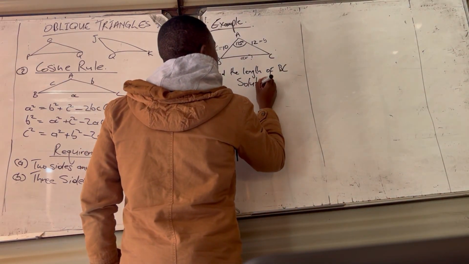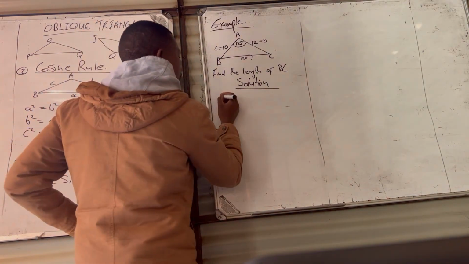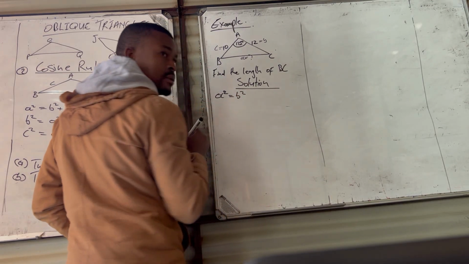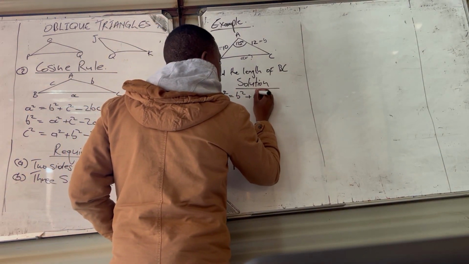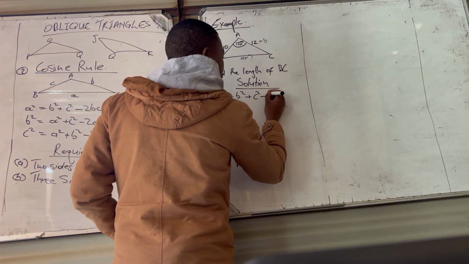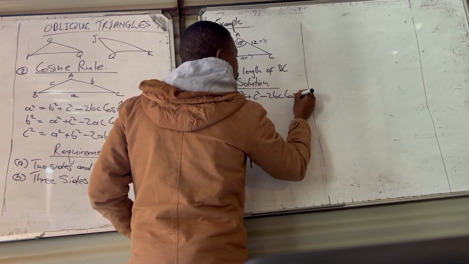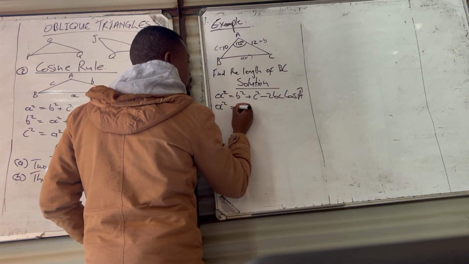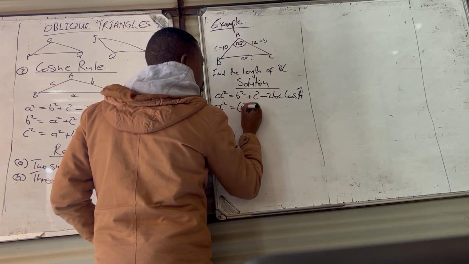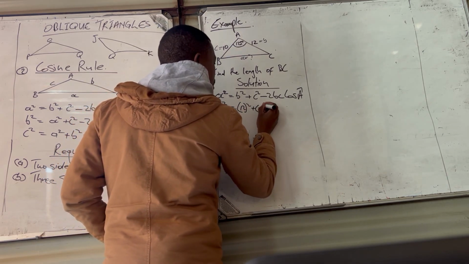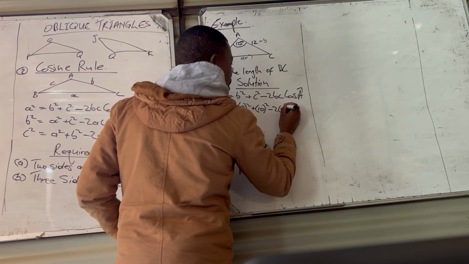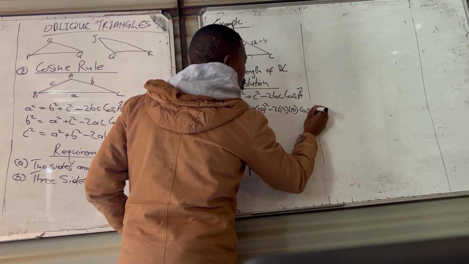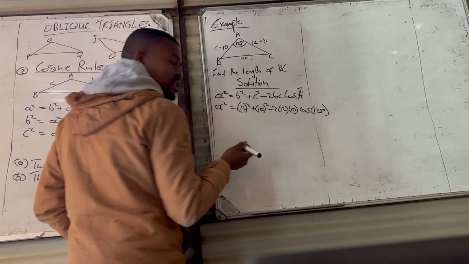For the solution, a squared is equal to b squared plus c squared minus 2bc cos of A. So a squared is equal to 12 squared plus 10 squared minus 2 times 12 times 10 cos of 125 degrees.